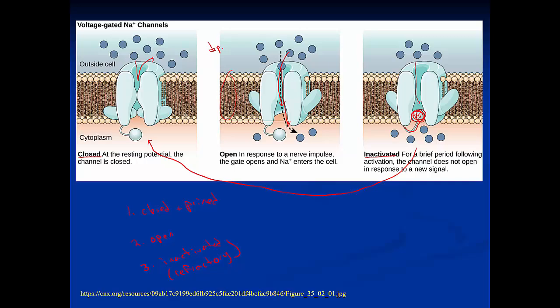Now, one of the things we talk about is the all or none law. The reason we have an all or none law has to do with this. There's no kind of open state. Either it's completely open or it's closed. So we don't regulate a little bit of sodium coming in or a lot of sodium coming in. Either sodium comes in completely or it doesn't.